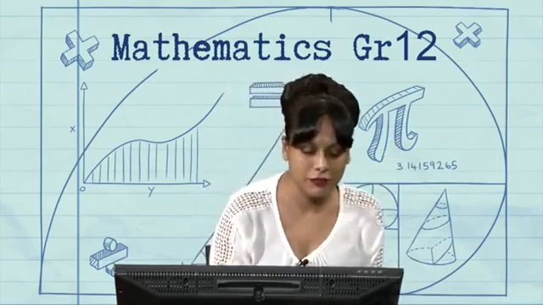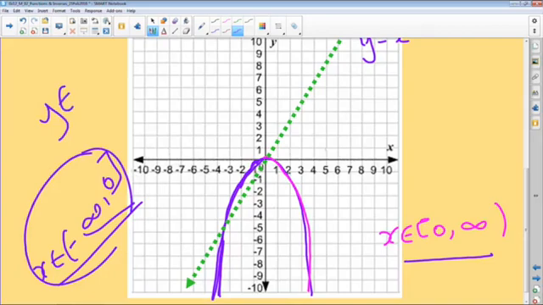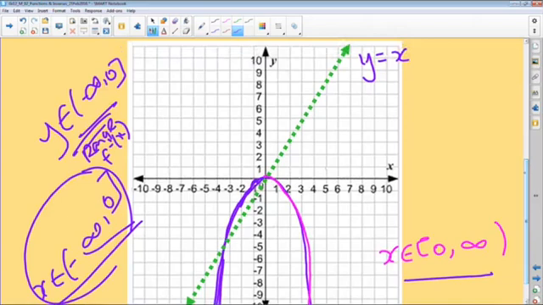So if I'm restricting to x as an element from negative infinity to naught, that's going to become the range, so it's going to be y as an element from negative infinity to naught. That is going to become the range of the inverse. So say you take a point on your graph, where x is minus 2 and y is minus 1.